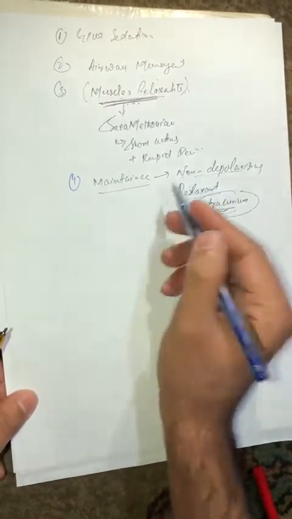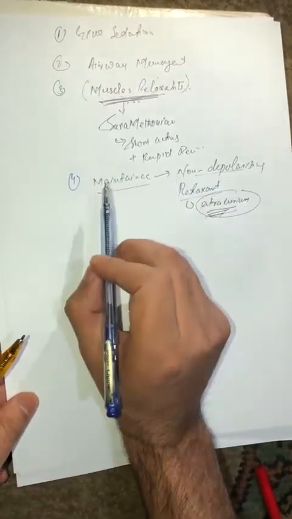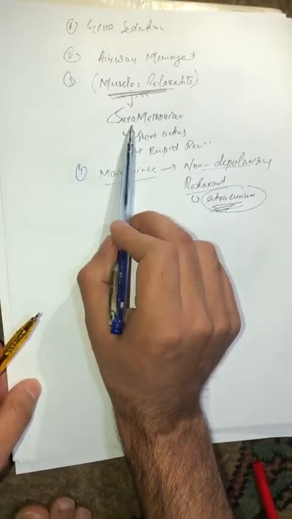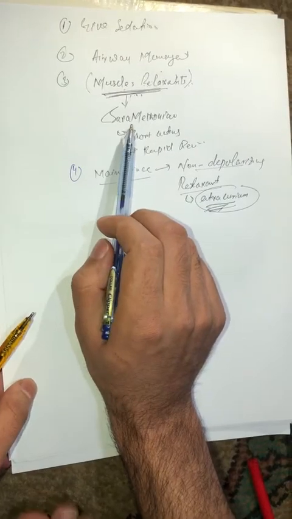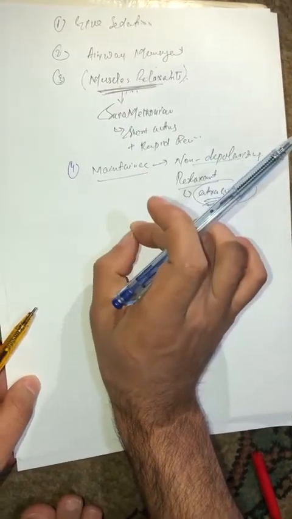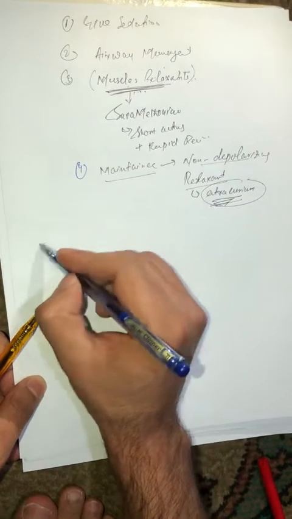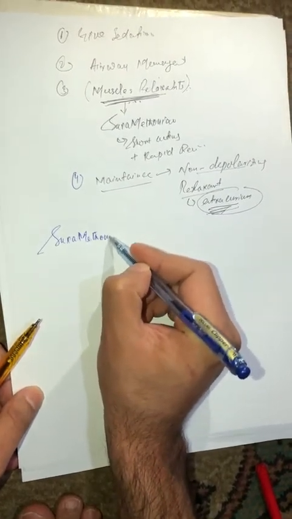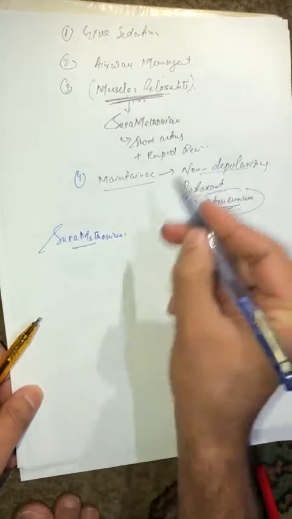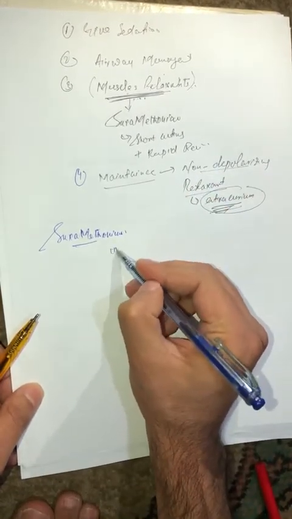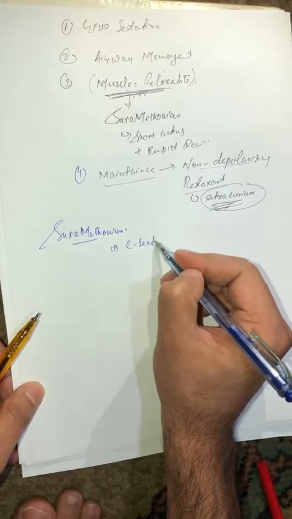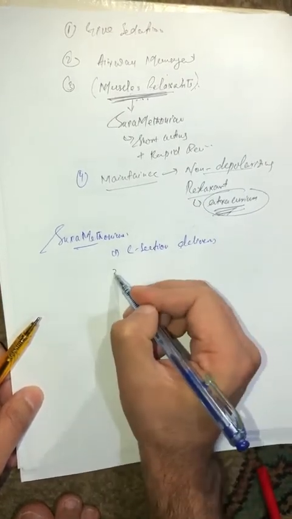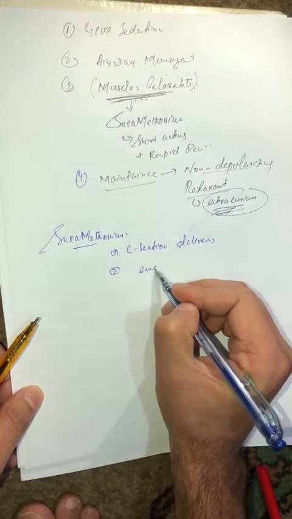Always remember that succinylcholine, which is a short-acting and rapid recovery drug, is used generally in two types of surgeries. Suxamethonium, this is an MCQ also. Suxamethonium is used mainly in two types of surgery. The first one is C-section delivery, cesarean section delivery, and the second one is emergency surgery.